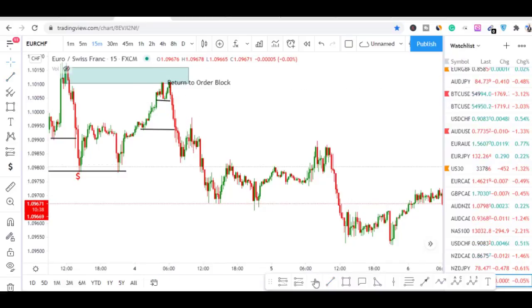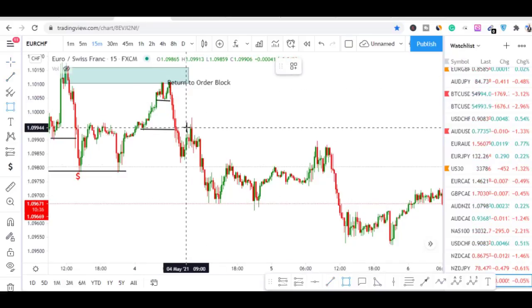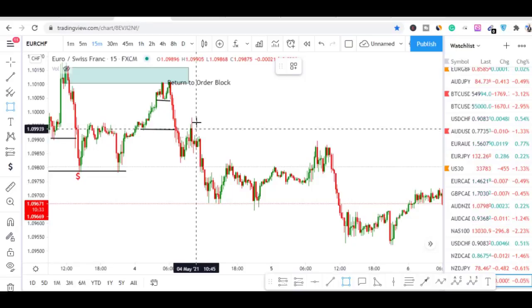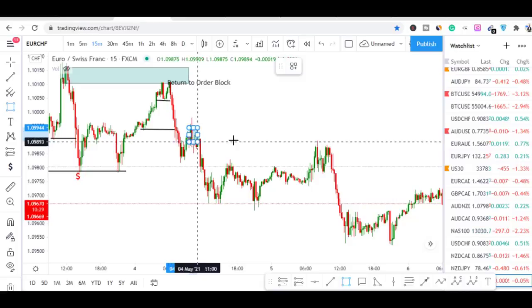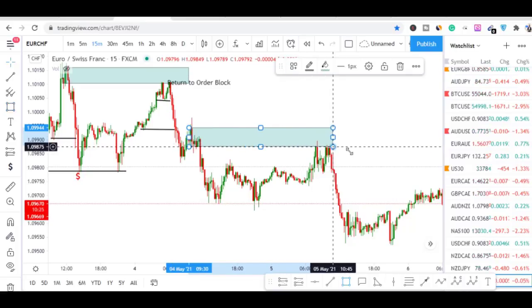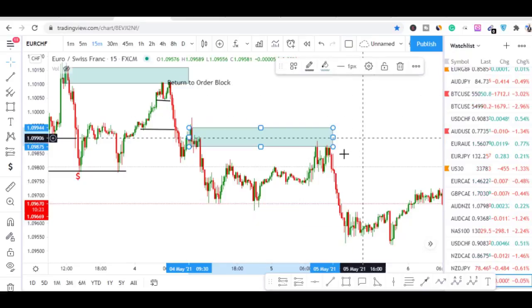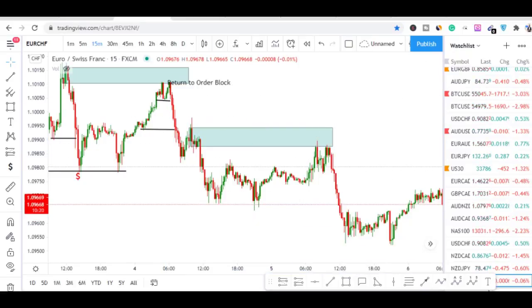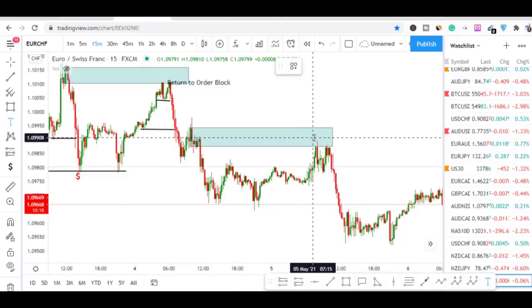You just have to mark out the specific order block. This is the last bullish candle that was responsible for the push down of price. So you project that to the future, and what do we get? This is what we got. We have a return to order block right here. This is a return to order block again.